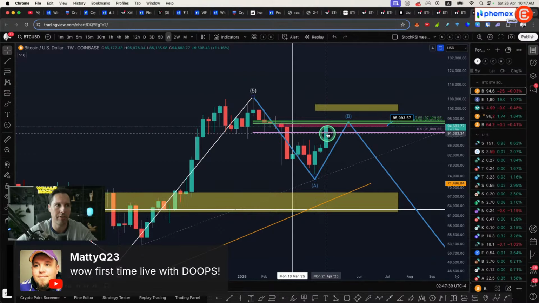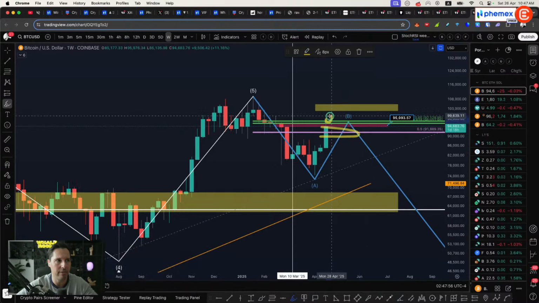Just because Bitcoin rejects and goes down over here doesn't necessarily mean that some of the other projects can't put in a bit of a bounce before then and move towards the upside. The most bullish outcome for these altcoins would be if you saw Bitcoin consolidate within this region, holding that level, or even possibly reclaiming and consolidating above the resistance zone.